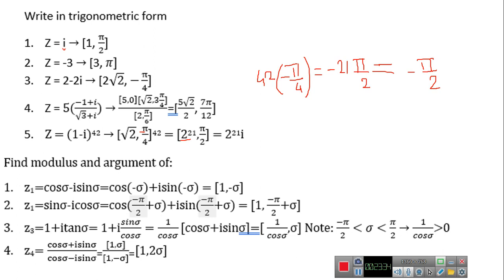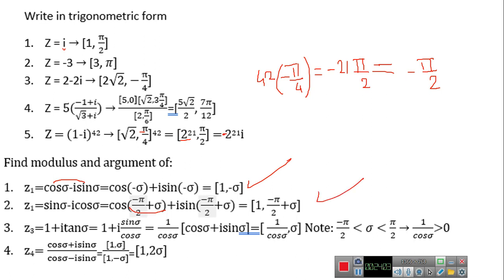Okay, so this is minus 21 pi over 2, which is equal to, you know, on a trigonometric circle you have 4 90s, so it's minus pi over 2. So this will be 2 power 21 times minus pi over 2, so it will be minus 2 power 21 i.